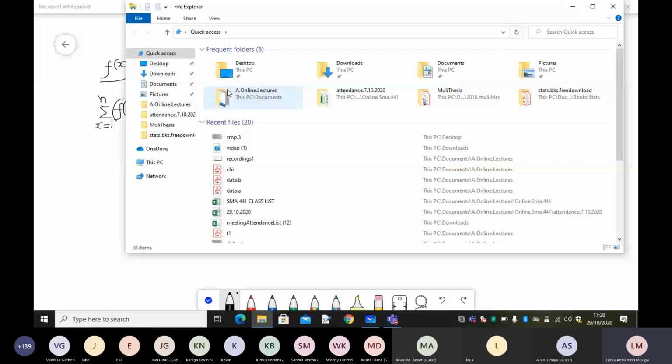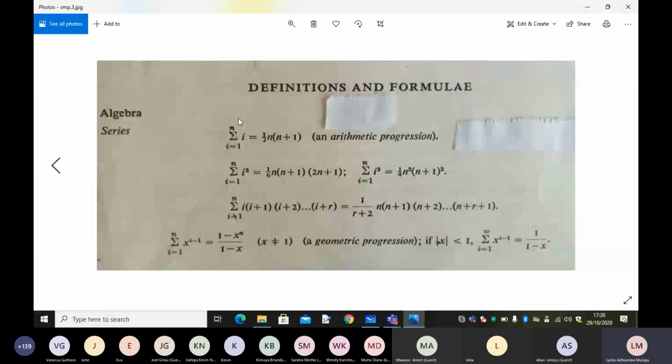What do I mean by that? If you have used some logbooks before, or the SMP tables, the summation from I is 1 to n of I is given by a half n into n plus 1.